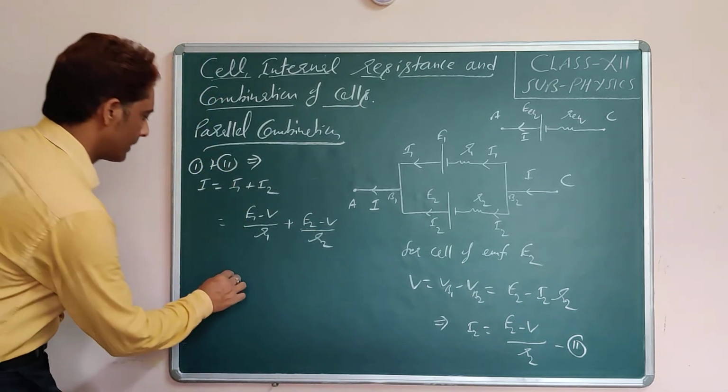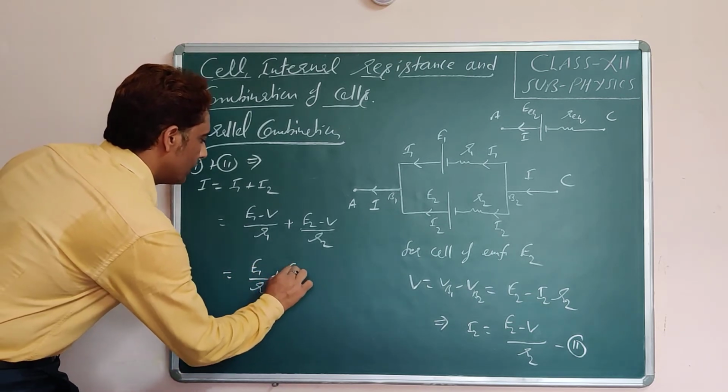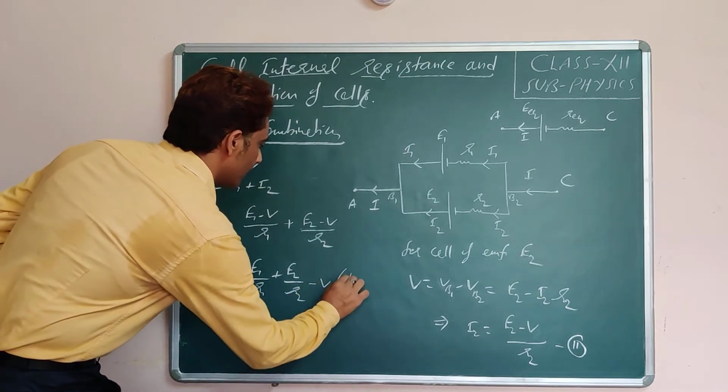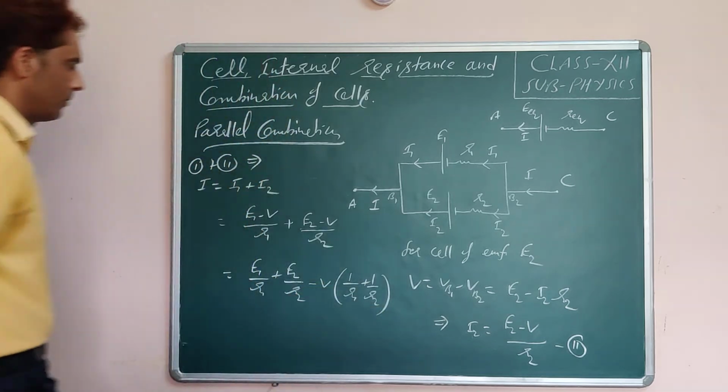We can write it as E1 over R1 plus E2 by R2 minus V times 1 over R1 plus 1 over R2.